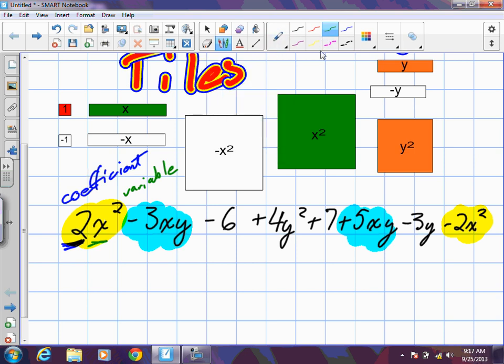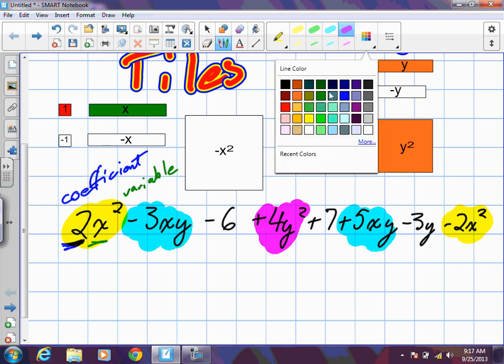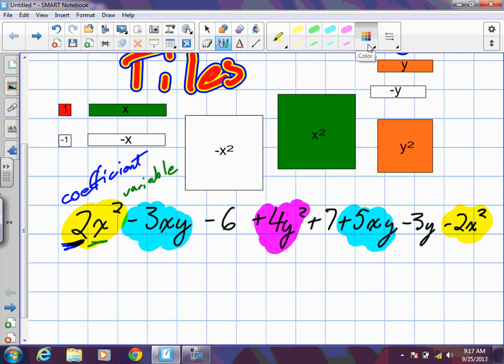We actually have nothing else that has a y squared to it. This is the only one. And let's use orange. This is the only value that has y to the power of 1. But we do have 2 numbers that have no variables attached to them. Does anyone know what those are called?